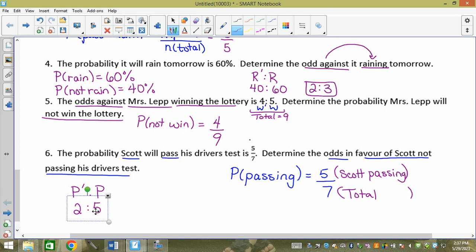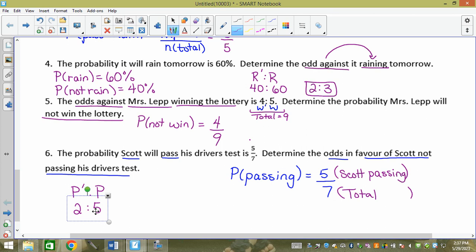So we can work our way backwards and forward between odds and probability, right? If you want to compare which is better, like say they gave you the odds in favor of someone liking a restaurant, the odds in favor of someone not liking a different restaurant, and the probability of someone liking the other restaurant, and then you said, which one do I want to go to? You'd want the one that they like the best, right?